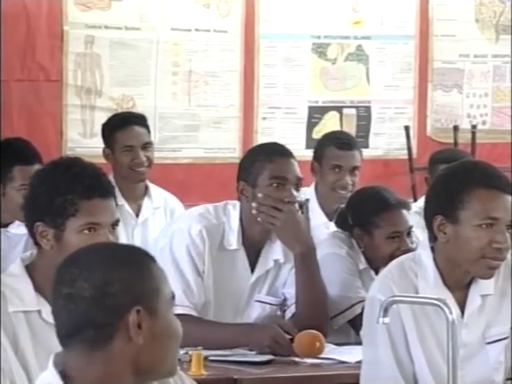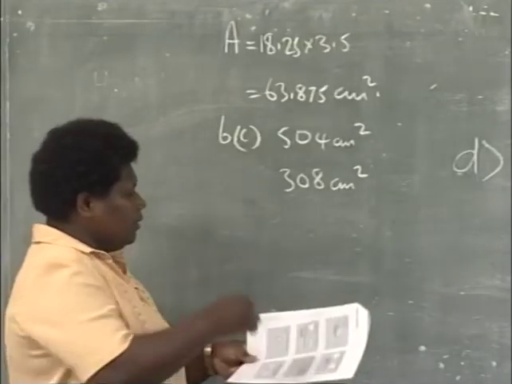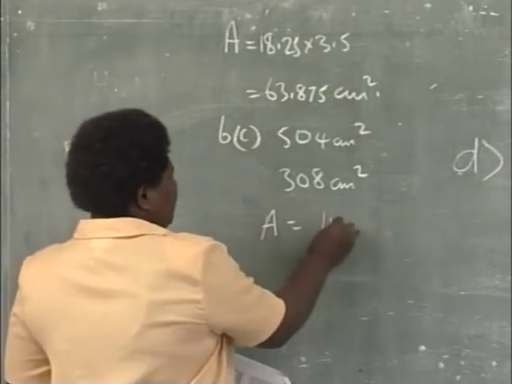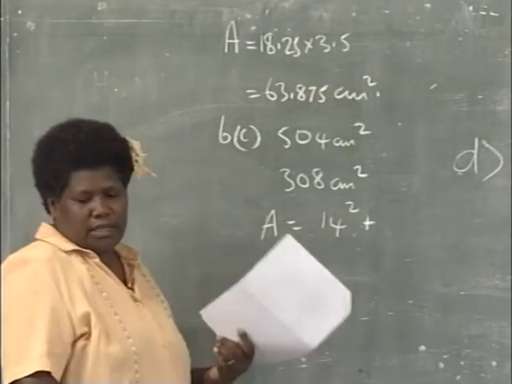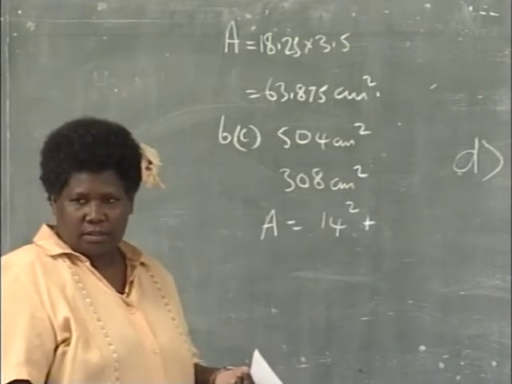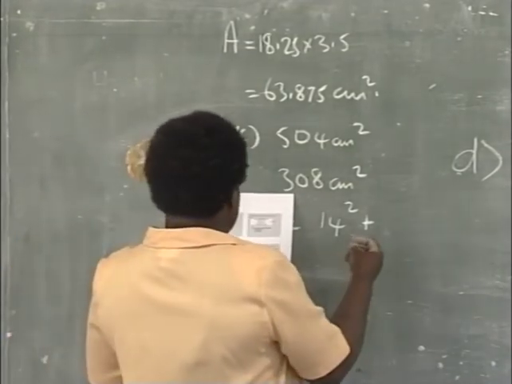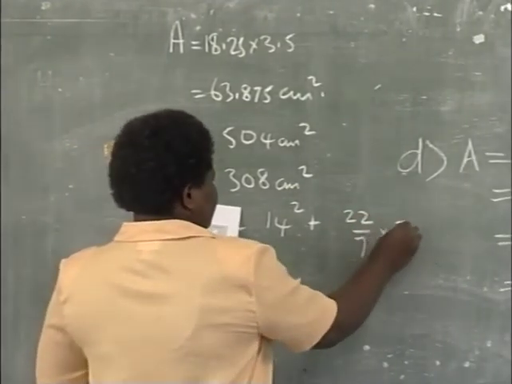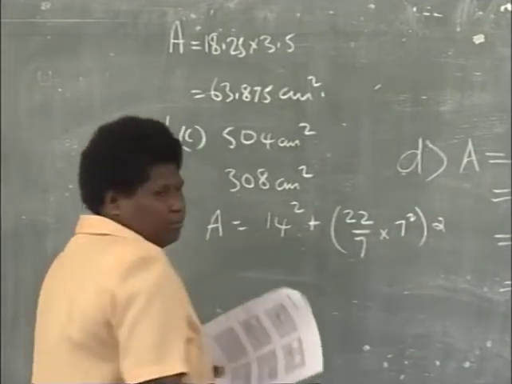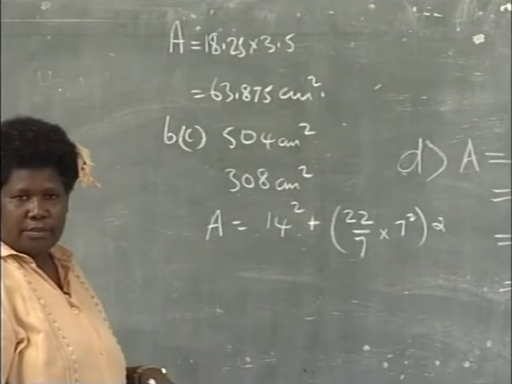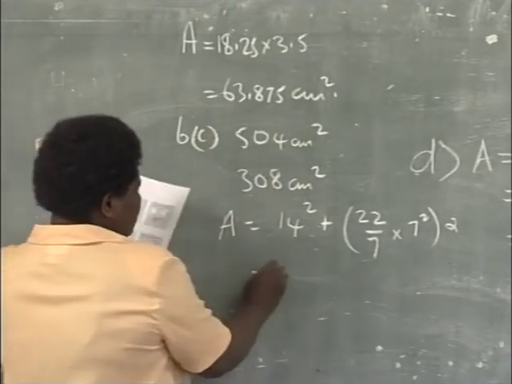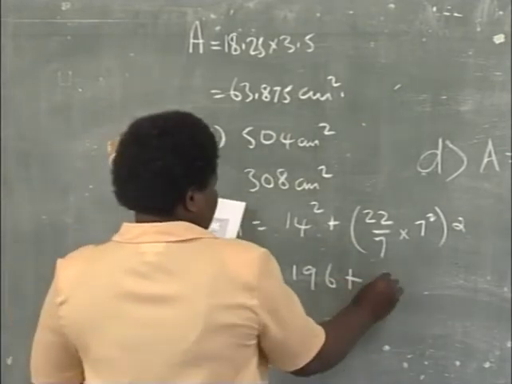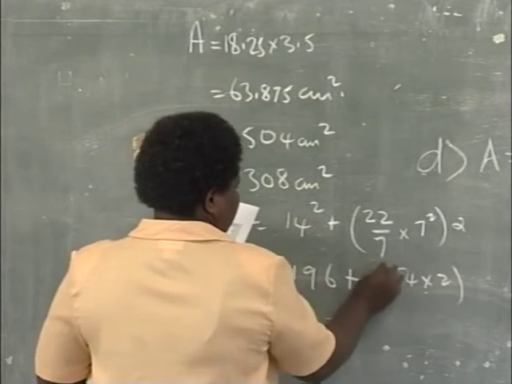What, 504? Okay, you add the area of the square, which is 14 squared, plus the area of two circles. One of those circles will be 22 over 7 times 7 squared, but you have to multiply it by 2 because there are 4 semicircles, right? Okay, this is 196 plus 154 times 2, correct?